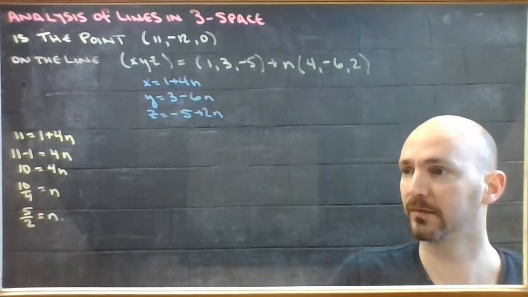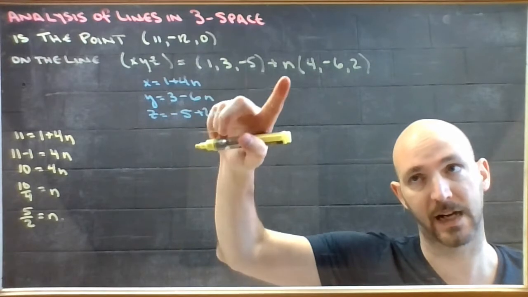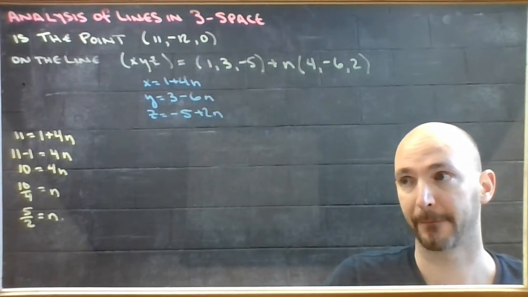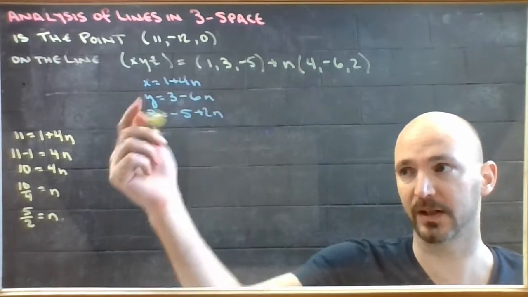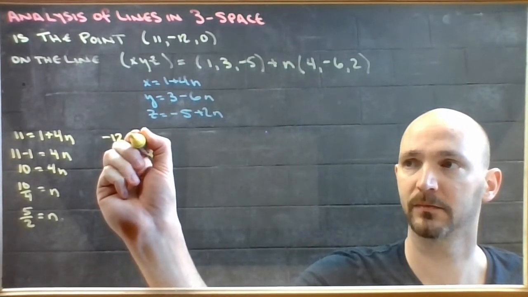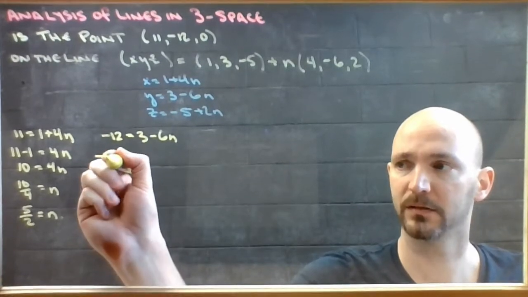All right. So in order to get to this location on this line, I have to take 5 halves of a step along this direction vector. Okay. Let's try the y coordinate. Negative 12 goes here. Bring this over.